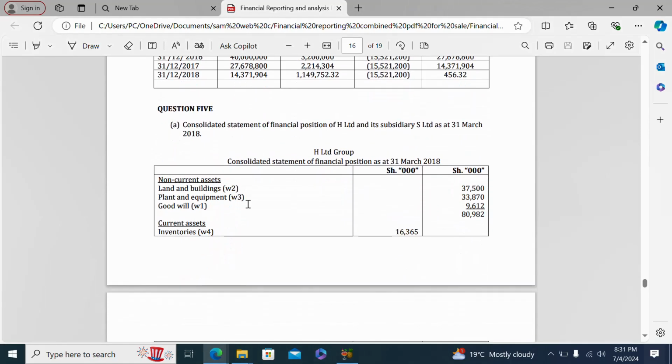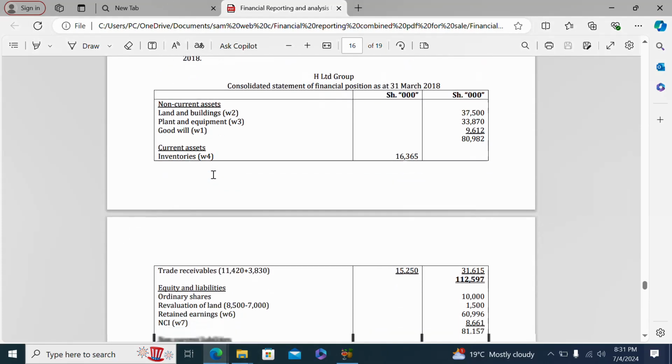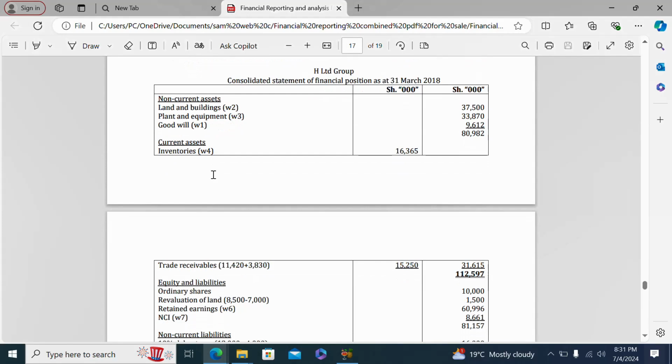And then question 5, we have the consolidated statement of financial position. So let me scroll down so that you can see the whole consolidated statement of financial position.